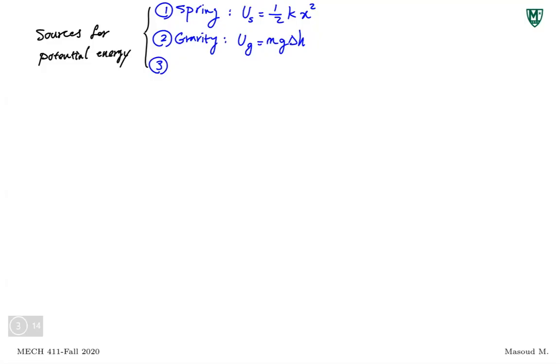The last one, which we only mentioned and said we are not going to look further into, but I want you to be aware it's a source for potential energy, is buoyancy. A good example would be if you put a piece of wood in water and try to push it down. Pushing the wood down into the water is storing potential energy in the system, because the buoyancy force is trying to push it back up. Wood, at least typical wood, is going to stay on the surface.